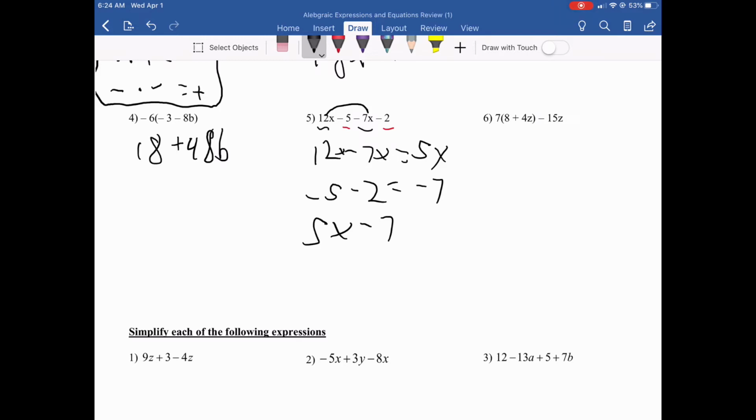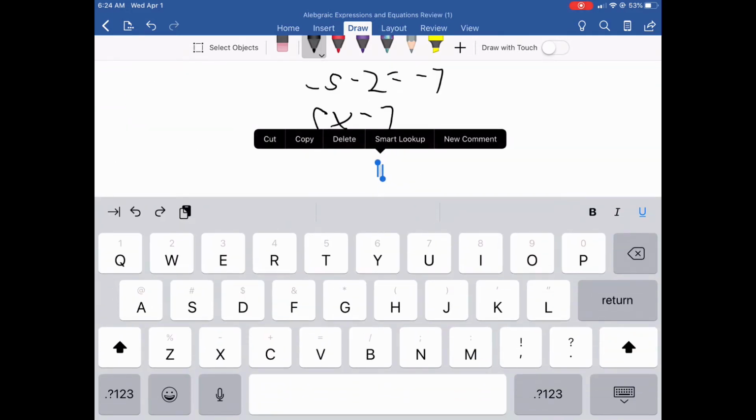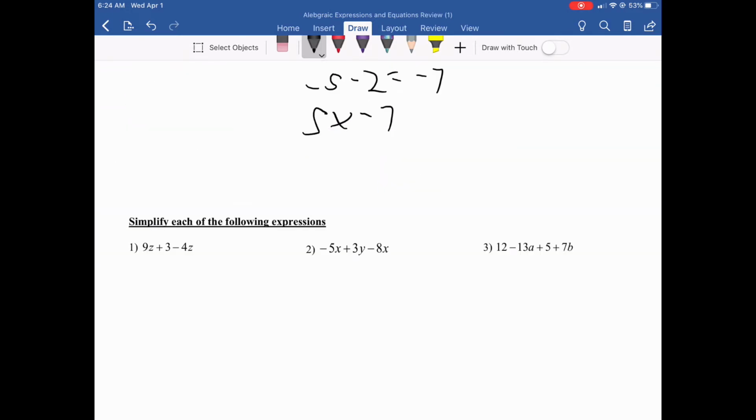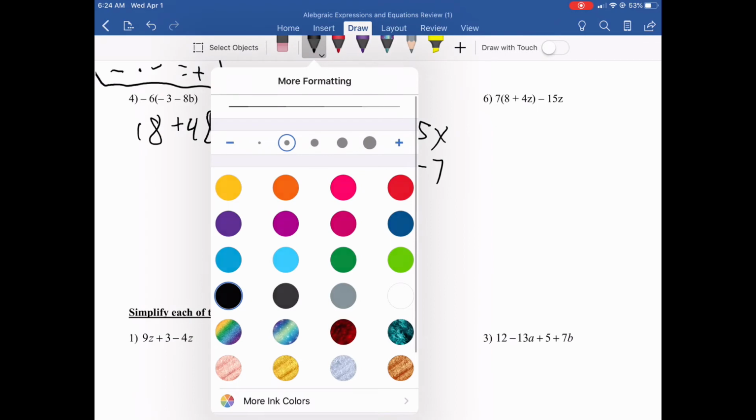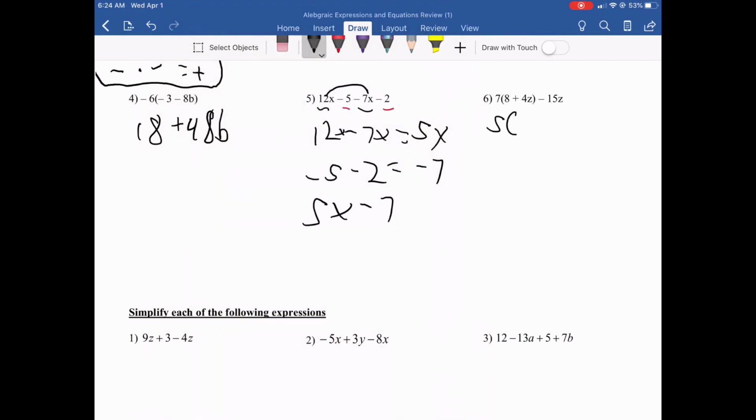7 times 8x in parentheses. You cannot add what's inside because they're not like terms. Okay? So 7 times 8x is 56x. 7 times 4z, sign is positive, equals 28z. You're going to bring down the negative 15.